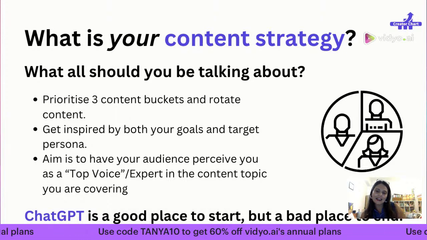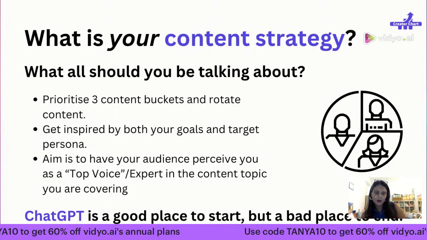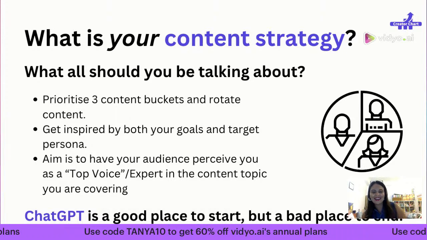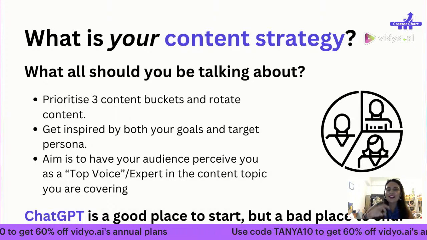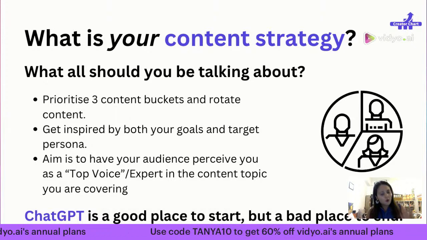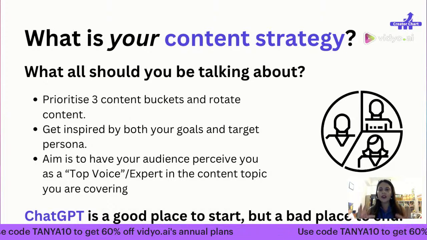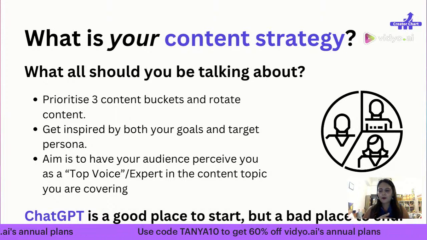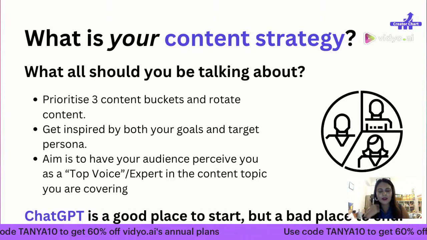And of course, like I said, your audience needs to perceive you as a top voice or an expert, because of that verification badge that you don't get by paying, unlike Instagram, a little bit of shade there. You will only get it if you are very particular about the kind of content that you're sharing and you are an expert in that content. So expertise comes from, again, creating content on that topic, or of course having experience in that topic.